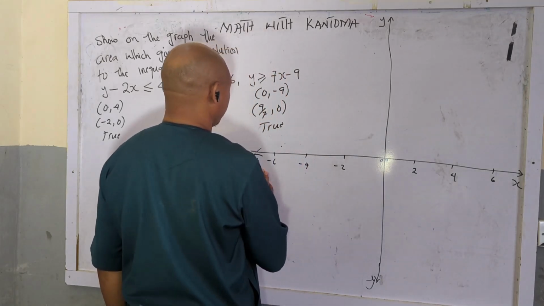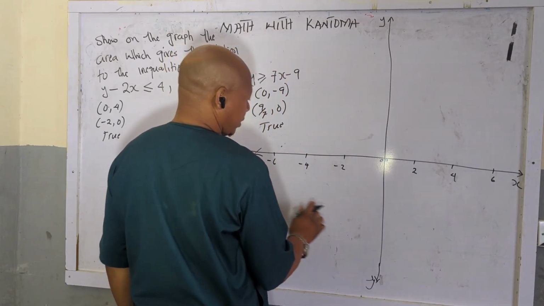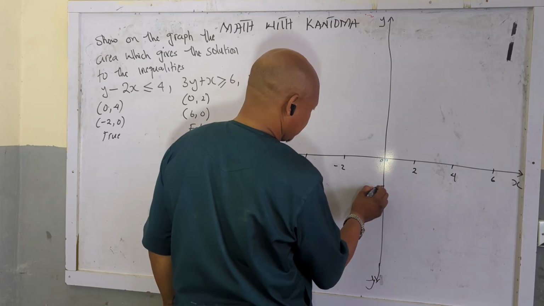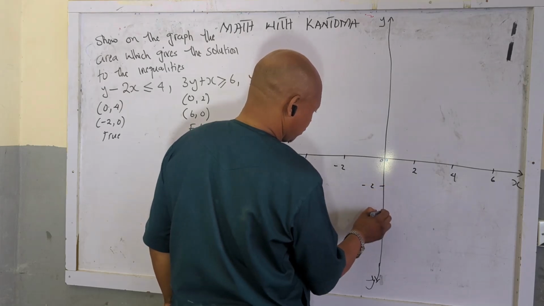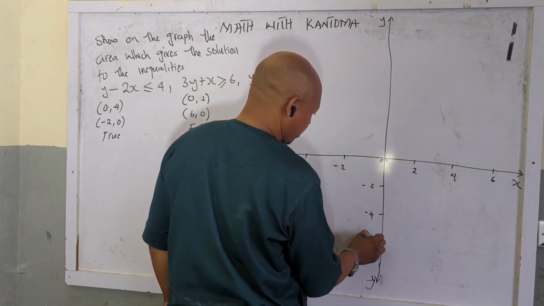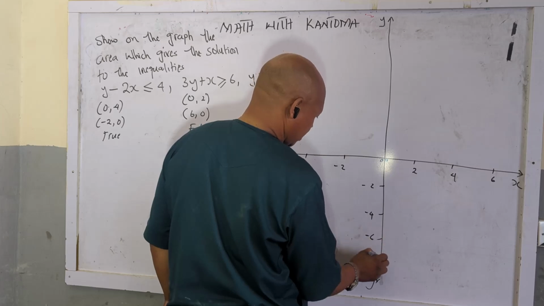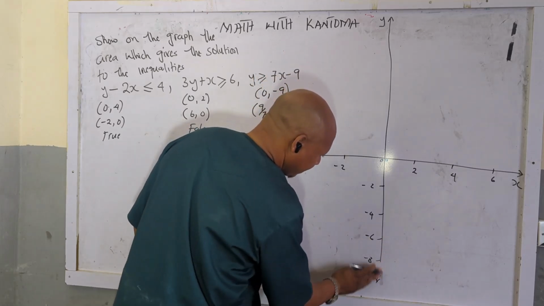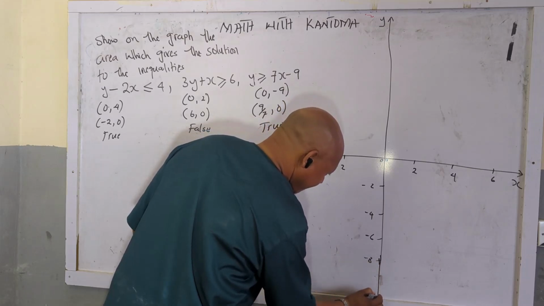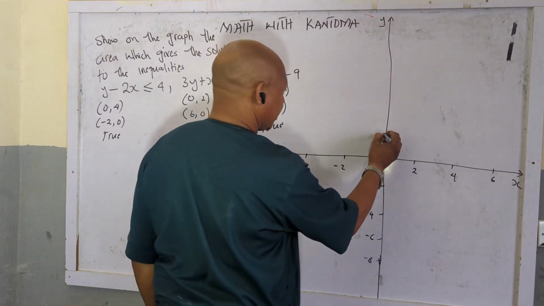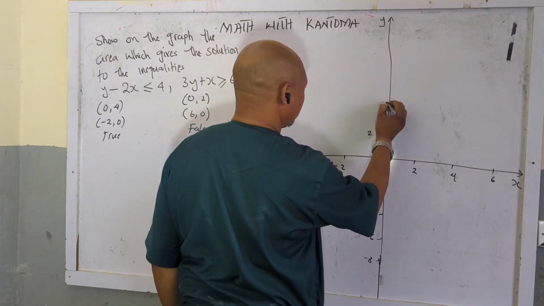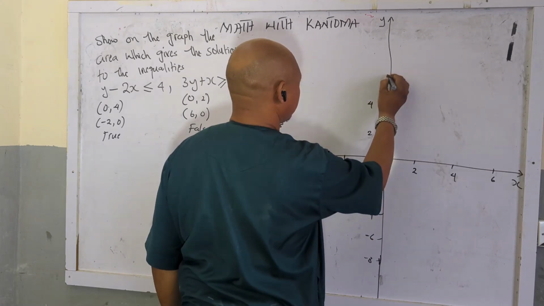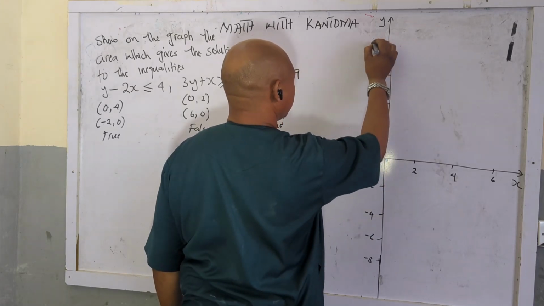We have minus 9 on the y-axis. So let's say this is minus 2, minus 4, minus 6, minus 8. Then I have this to be 2, this to be 4, this to be 6, this to be 8.